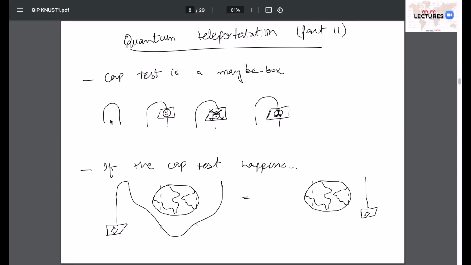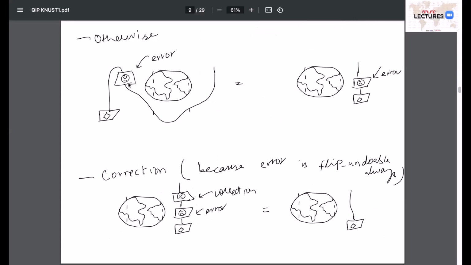If the outcome of the measurement is this one, which is the vanilla cap test, then Blaze doesn't need to apply any correction, because this box can be slid to the other side and teleportation happens, right?